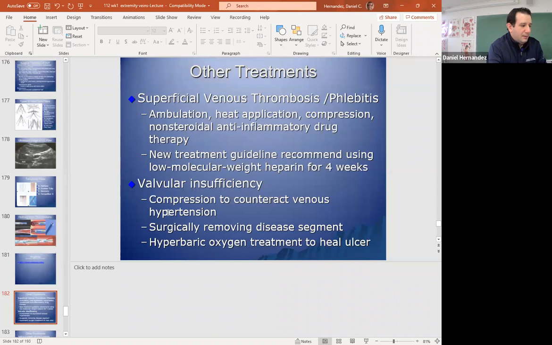To treat venous insufficiency, patients can potentially have compression therapy to counteract that venous hypertension. We can treat them by surgically removing the diseased segments. Patients that have chronic venous insufficiency and wounds can have hyperbaric oxygen treatments to help try and heal those ulcers.